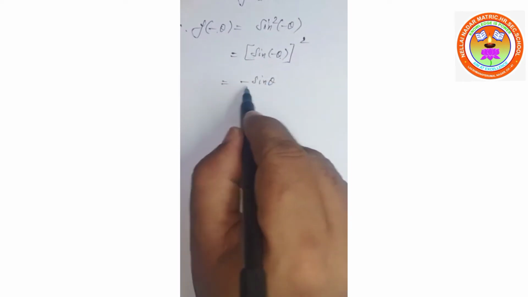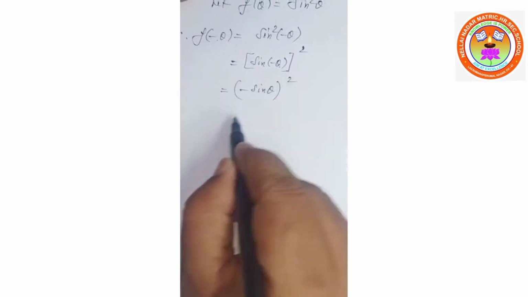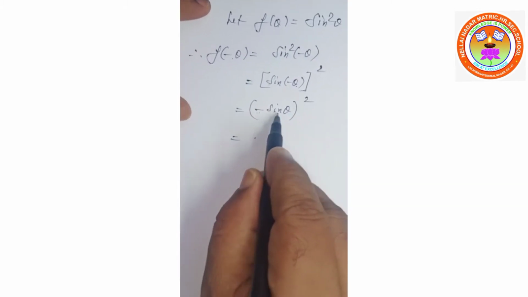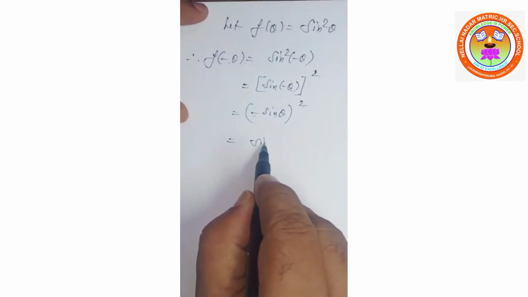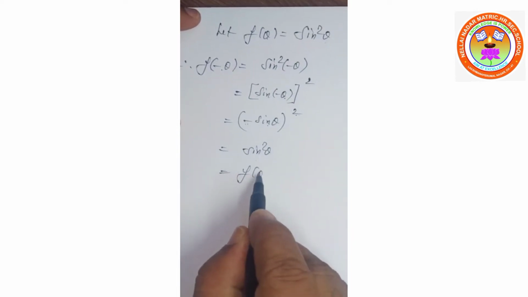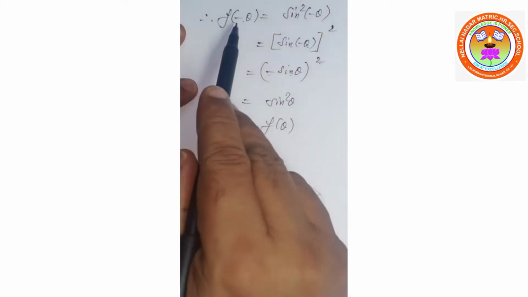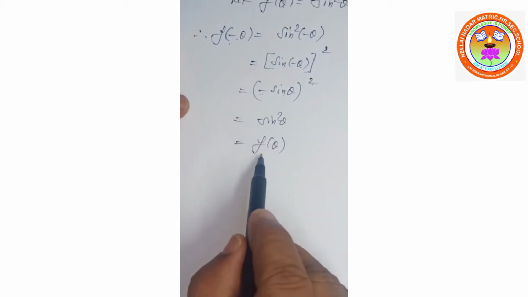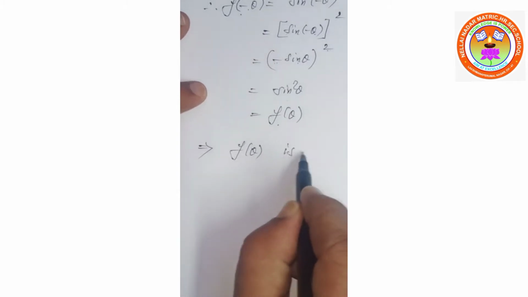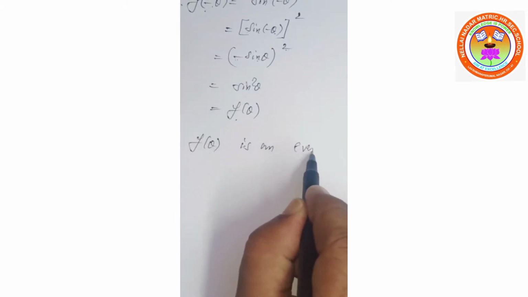Sine of minus theta and minus sine theta are the same, whole square. So while squaring, the minus becomes plus. Sine theta the whole square is sine square theta. What is sine square theta? f of theta. So finally what we have proved? f of minus theta equals plus f of theta, which implies f of theta is an even function.